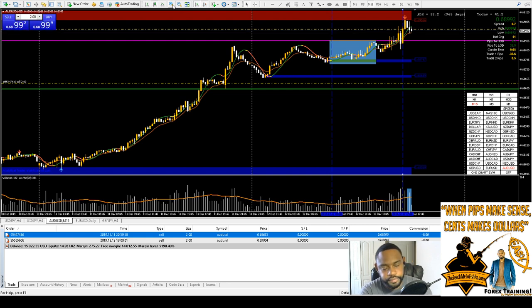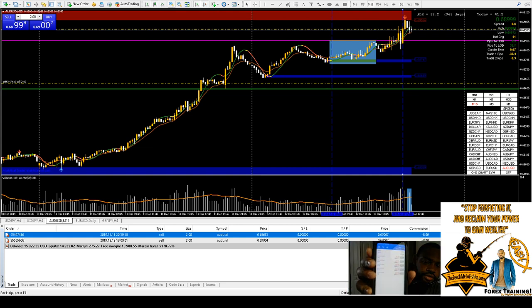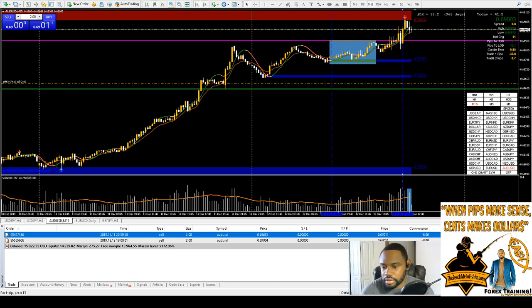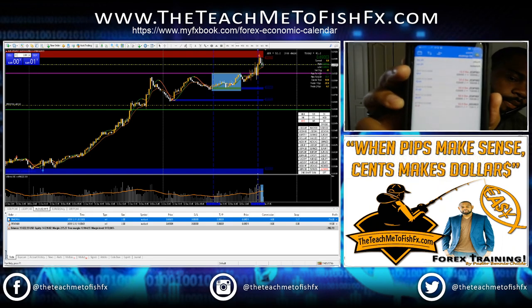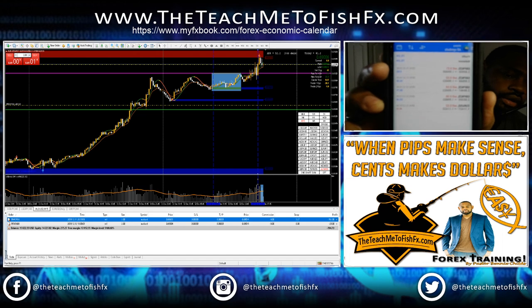And let's see. I'll go ahead and show you guys this. Let me switch over. Oh, this is kind of small, but let me see if I can make this a little bigger. You guys see where I took those trades and compounded them, right?